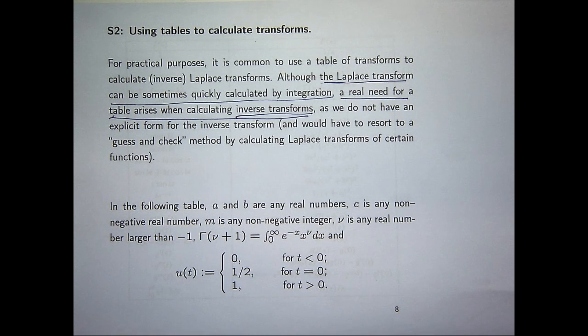It's like knowing differentiation without knowing integration, or vice versa. Sort of have to guess and check a bit. So what we do is we use a table of integrals to help us out.